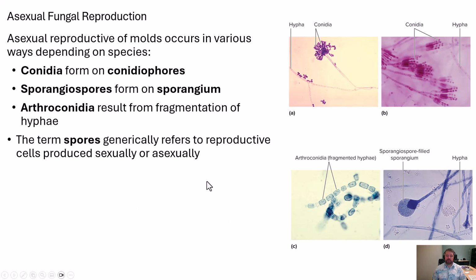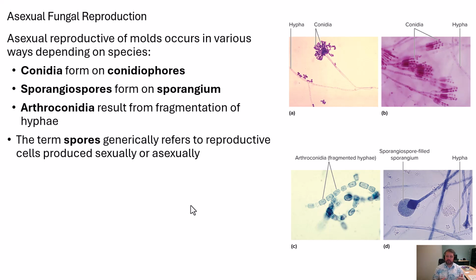One key thing to remember is that when people are talking about fungi, they'll often say the term spore. Spore really just refers to reproductive cells, and these reproductive cells can be the result of asexual reproduction, so mitosis, or sexual reproduction, meiosis.